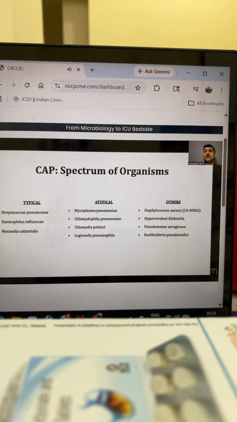And the prevalence of hypervirulent Klebsiella in pneumonia varies from one part of the world to the other. So, for example, in Taiwan, that number could be up to 20% of all pneumonias. I don't know what the data is in India, but it is overall very rare. We have not encountered maybe one case a year. Why are we concerned? Because if it is a Klebsiella pneumonia, then that raises the possibility of beta-lactamases.